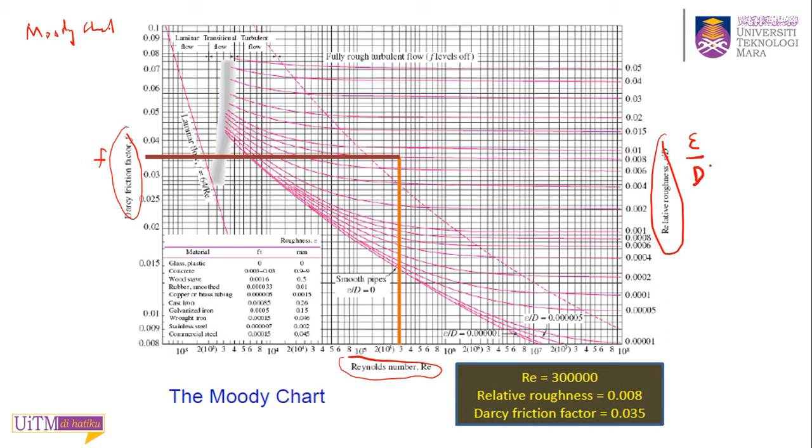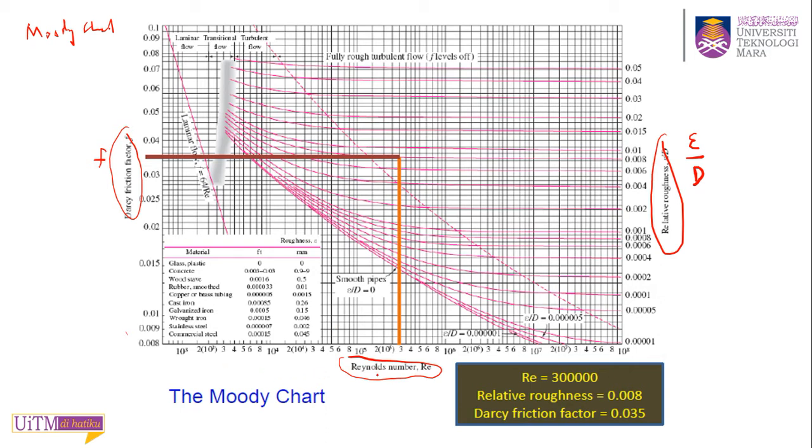So how do we use this chart? In any problem, when you know the material of the pipe, for example they tell you the pipe is made from stainless steel, and you have already calculated the Reynolds number, in this example 10 to the power 4, 10 to the power 5, say 30,000.